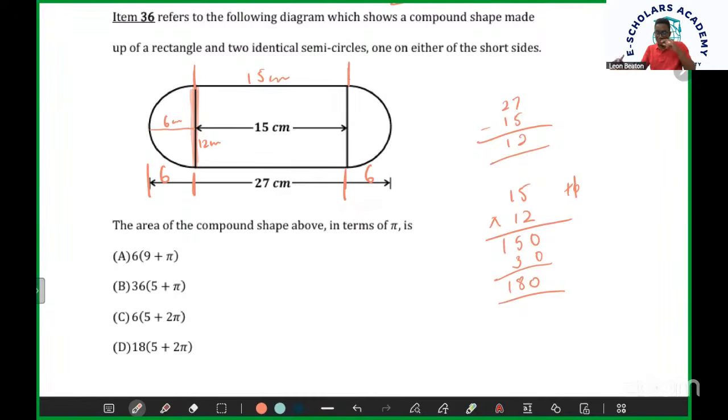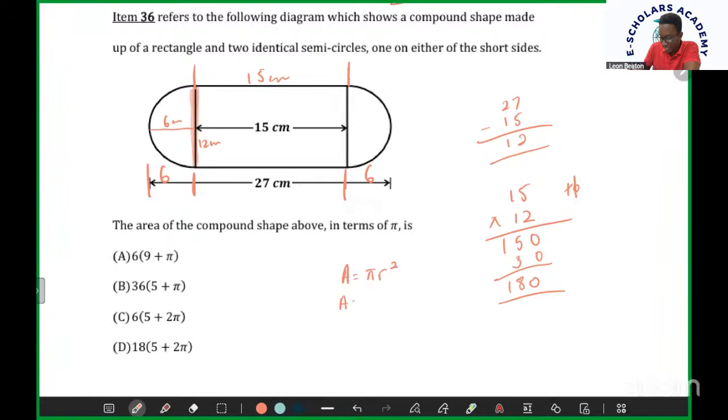Then I can find the area of the two semicircles. The two semicircles, I can just combine and use as one circle. So the area of the circle would be pi r squared.